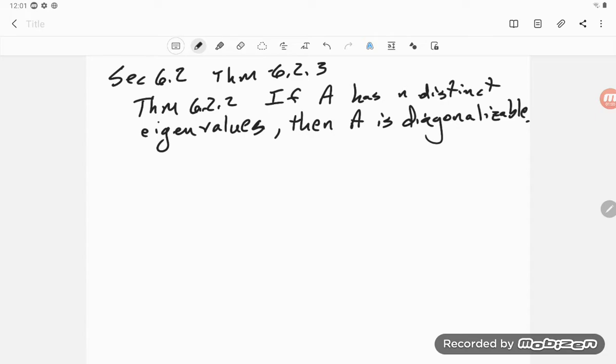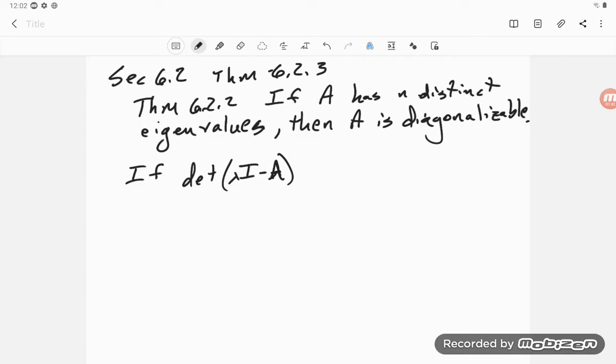And so now, in 6.2.3, it says, and they turn this thing around all of a sudden for some reason, if the determinant of lambda I minus A, so instead of saying A minus lambda I, they're doing lambda I minus A. So it's still that same characteristic polynomial.